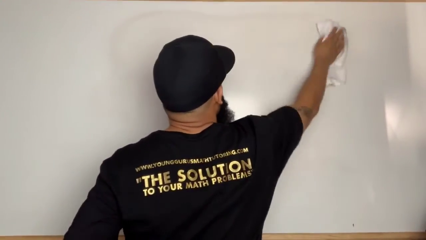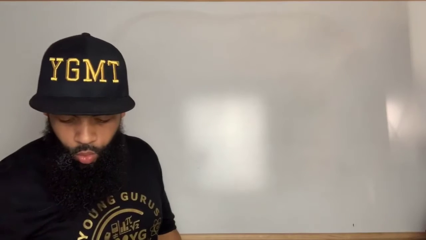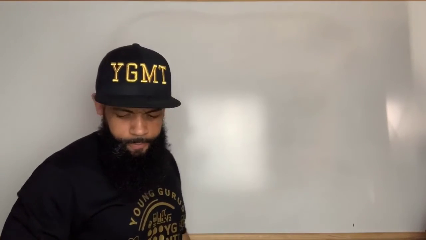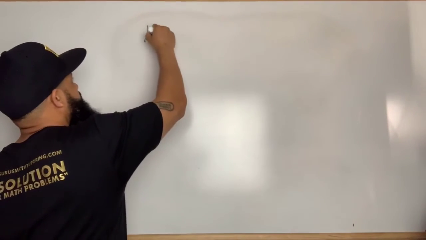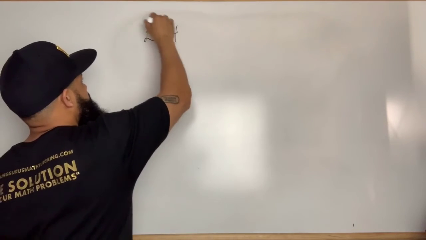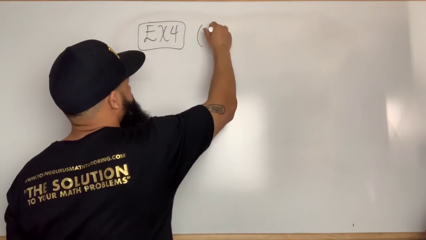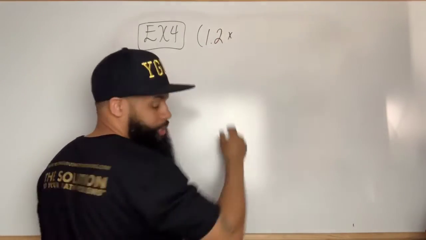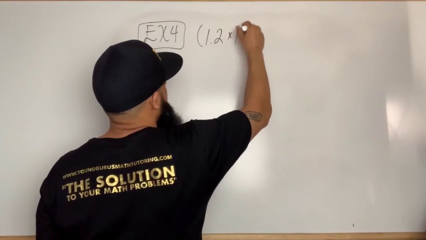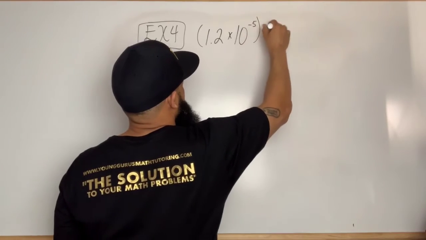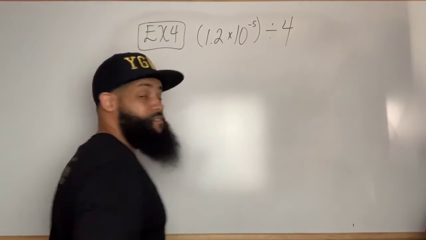One more. Example 4. 1.2 times 10 to the negative 5th power divided by simply 4.